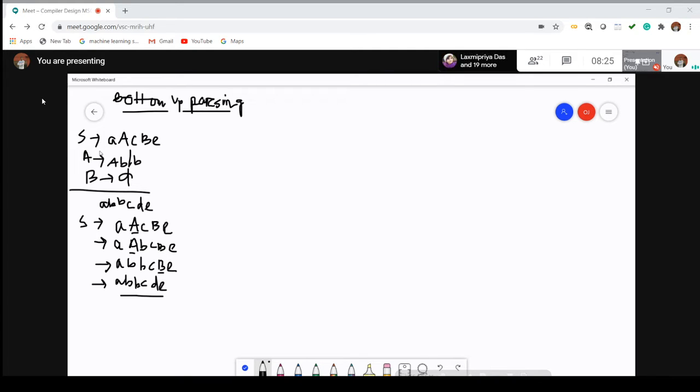Then we will go for applying the rules of the bottom-up parser. Rule number 1, listen carefully. What is rule number 1? Draw the parse tree for the given grammar until you reach the desired string in a rightmost derivation.